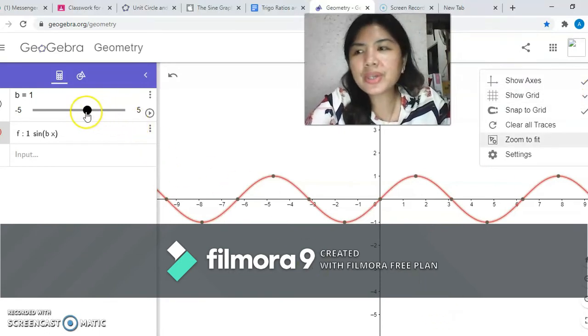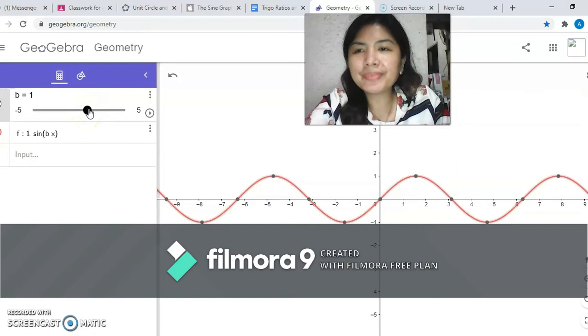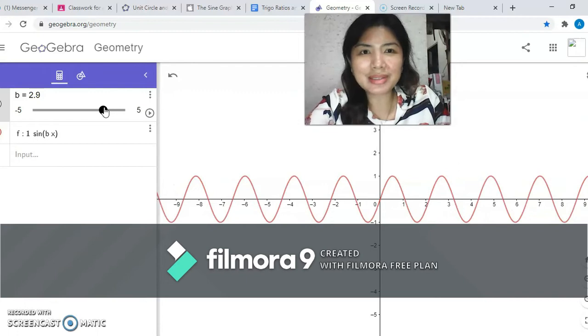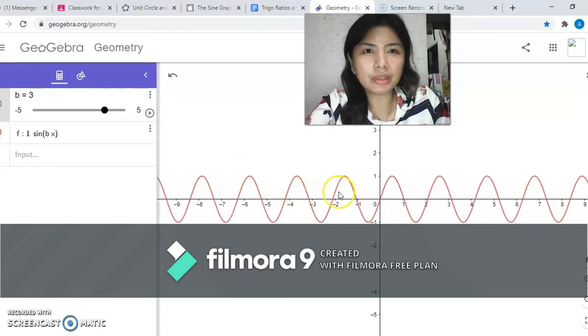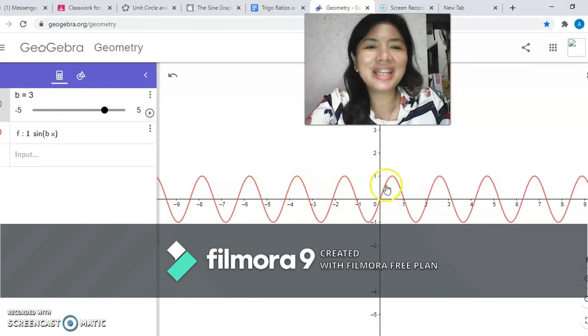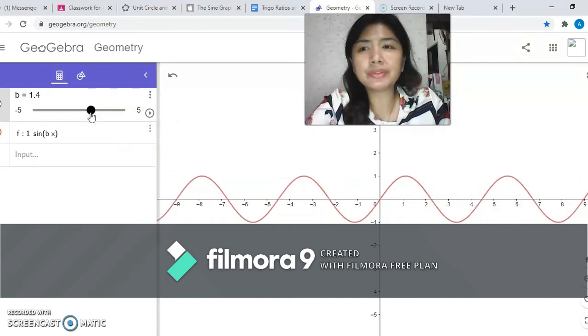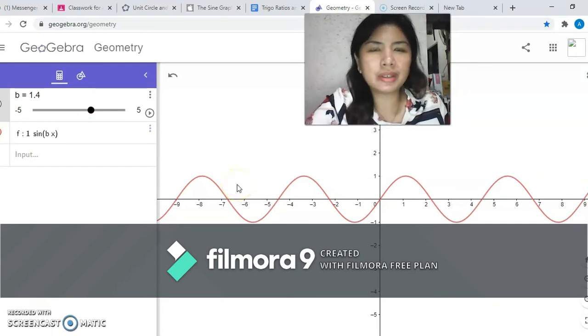As you can see here, the bigger the absolute value of B is, the narrower the waves are. And the smaller the absolute value of B is, the wider the waves are, and the farther the waves are from each other.